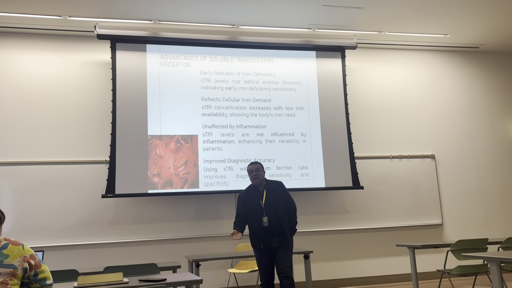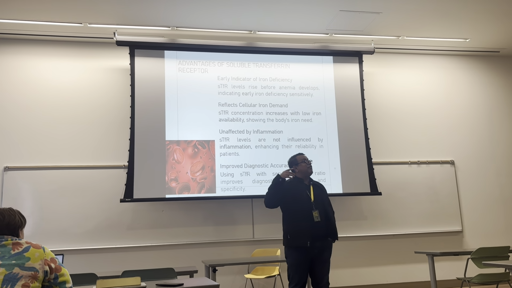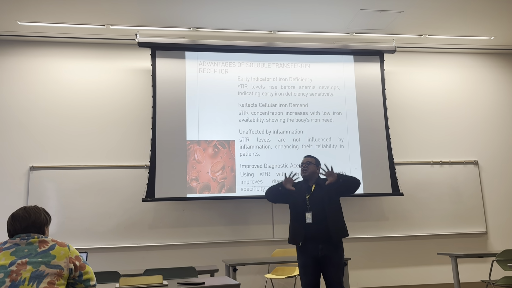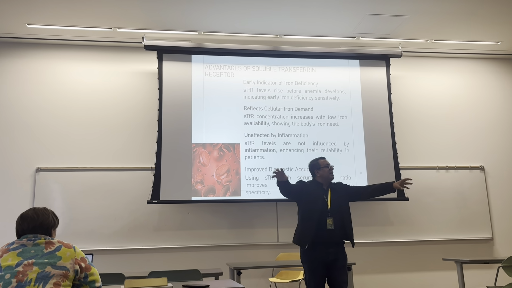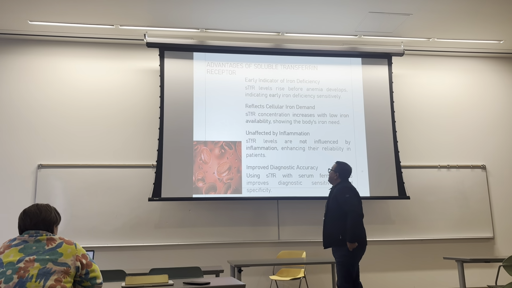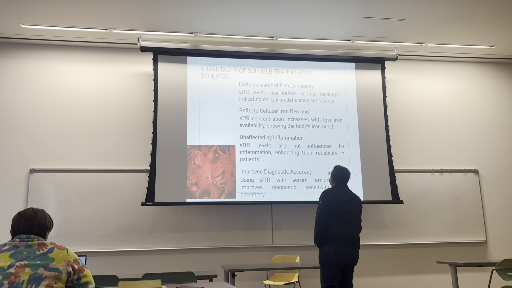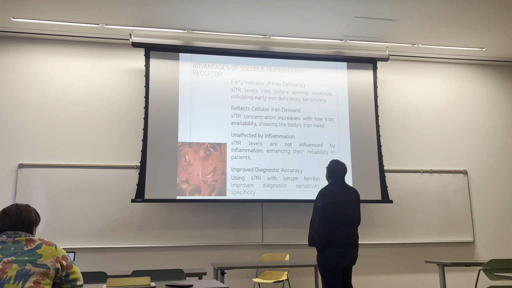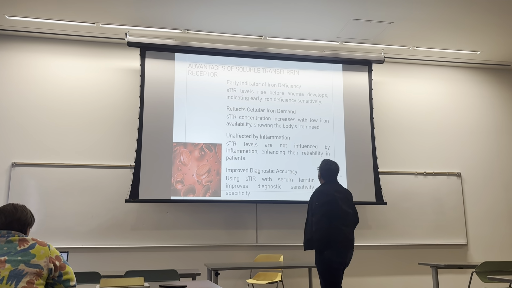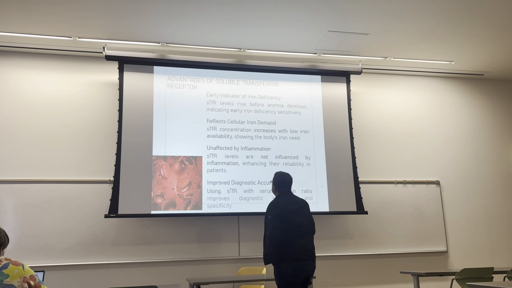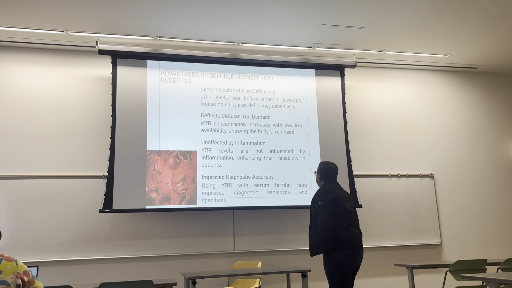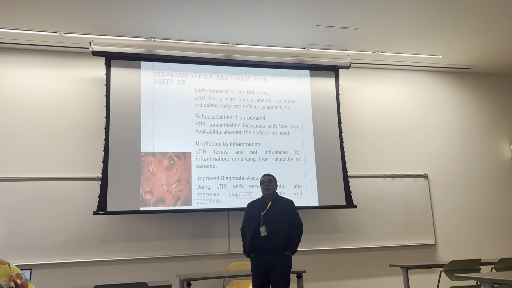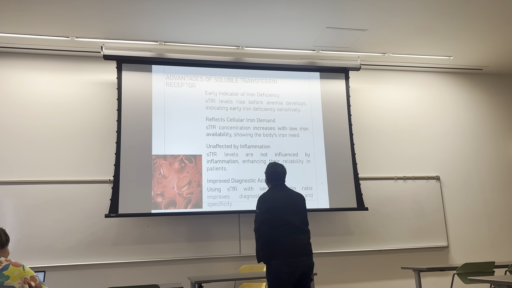When I have less iron in my body, the sTfR increases because it starts searching for iron to capture it and bring it to the stores. It reflects cellular iron demand. Concentration increases with low iron availability, showing the body's iron need. Unaffected by inflammation, it improves diagnostic accuracy. It's very accurate and very sensitive, but it is very expensive.